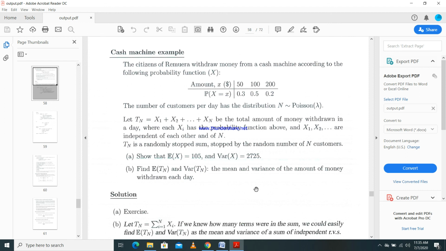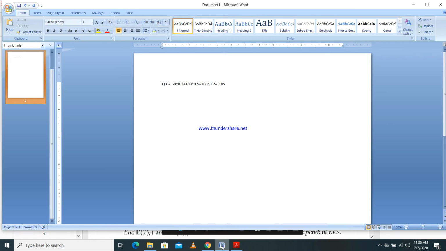Then you have to find the variance of x. You have to show that is equal to 2725. Right? So we know if you want to find the variance of x, first we need to find the expected value of x squared. So I'm going to find the expected value of x squared. That is, the first possible value of x is 50.